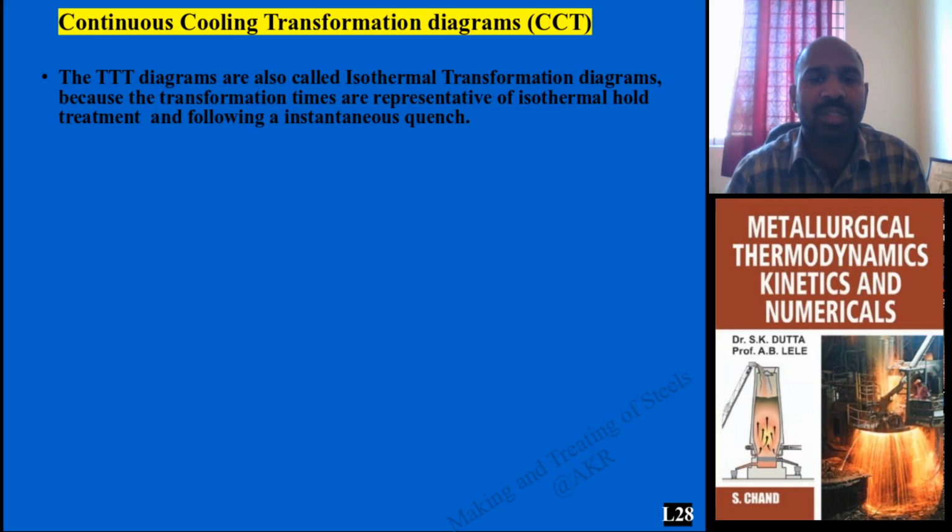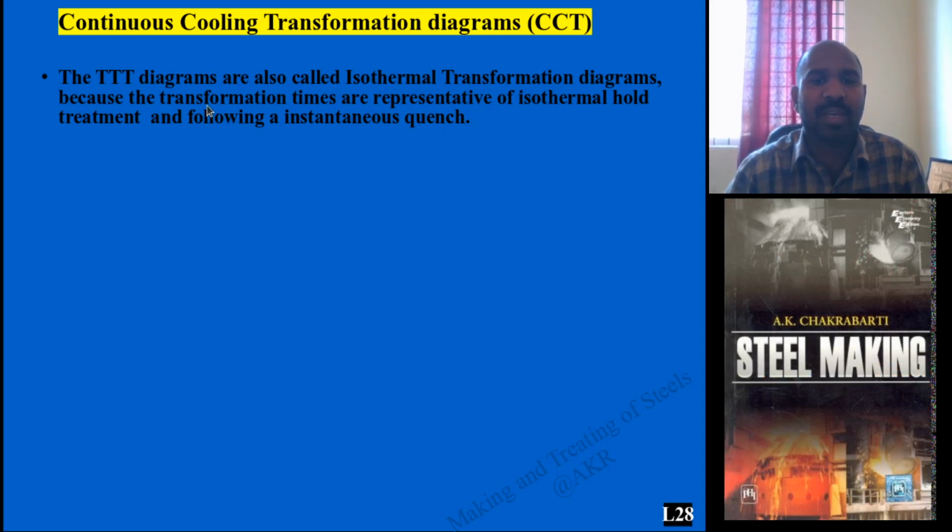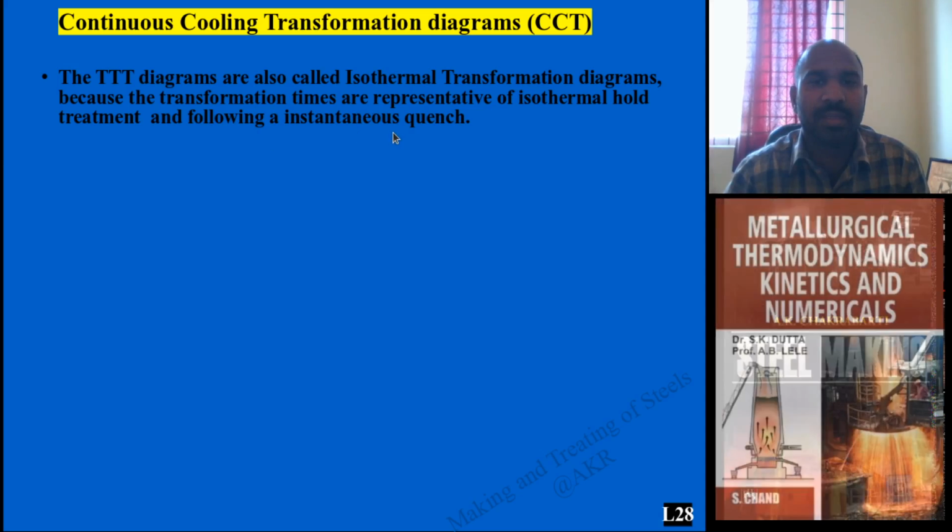There was a limitation of time temperature transformation diagrams, that is, it is nothing but an isothermal transformation diagram. Isothermal means transformation times are representative, followed by instantaneous quenching, keeping the temperature constant.